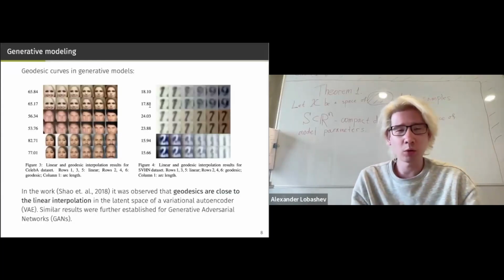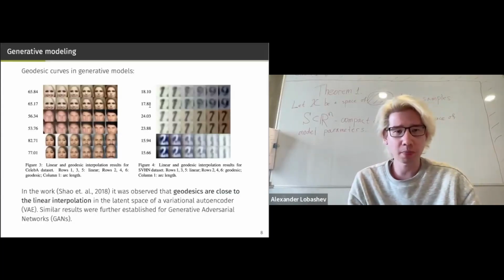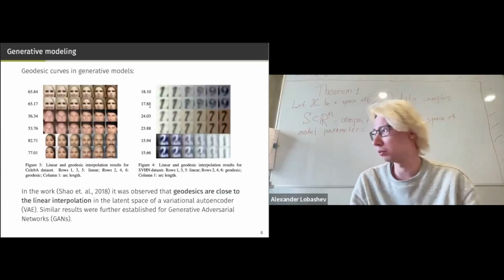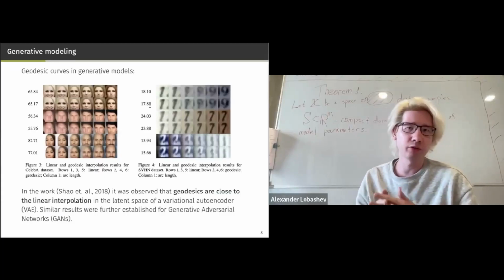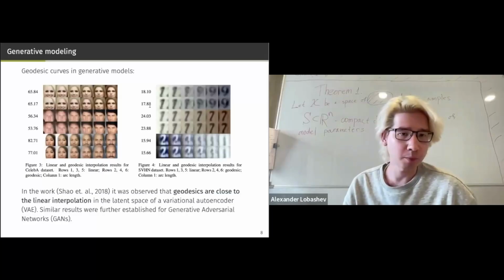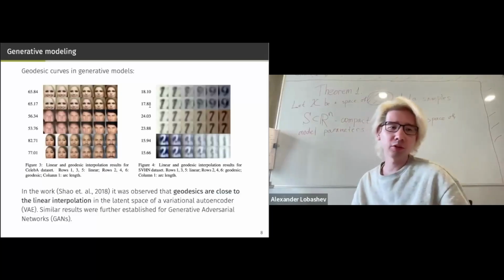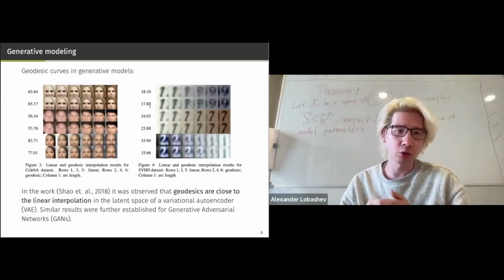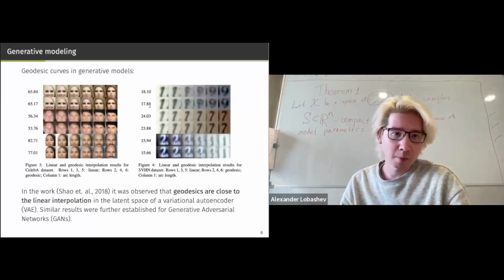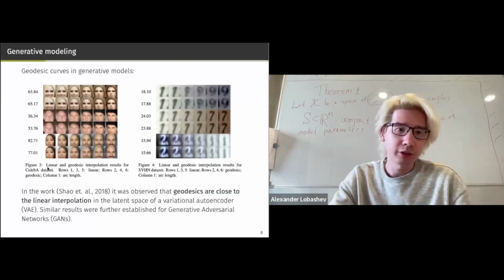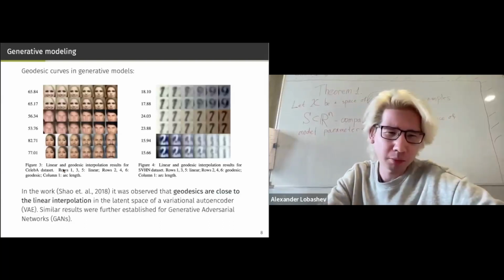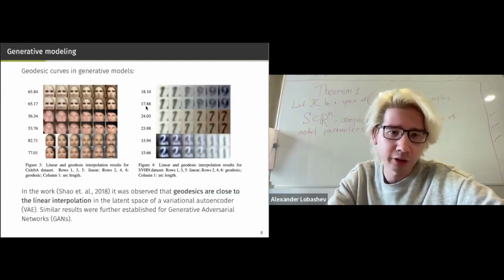So what is bad about these models? Why does everyone now use diffusion models? The main problem is mode collapse, which occurs for both GANs and variational autoencoders, but mostly for generative adversarial networks.